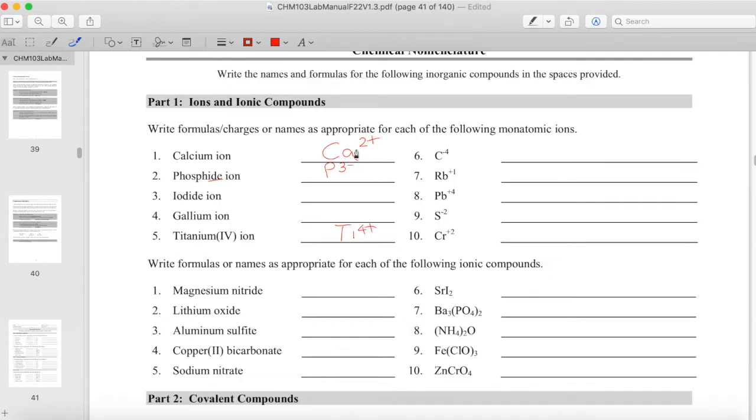I was always taught that typically you want to write the number first and then put the plus or minus at the end when you're talking about charges. I tend to write out oxidation numbers in this format. The difference between a charge and an oxidation number is very subtle. So to be honest with you, here in Chem 103, it's not really an important distinction. If you write your charge first and then the number, that's totally acceptable.